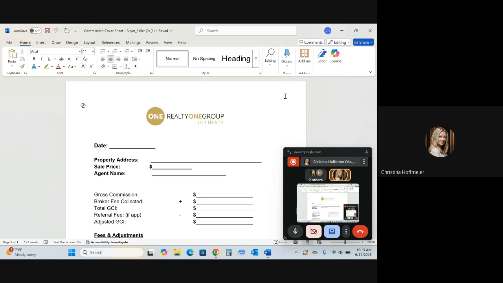Why hasn't this been paid? And they'll say, well, we just got it. So putting in the date that you're submitting it helps me track to make sure we're vigilant on getting the paychecks out as soon as possible, because that was always a pet peeve of mine when I was an agent: when I closed, I wanted to be paid.